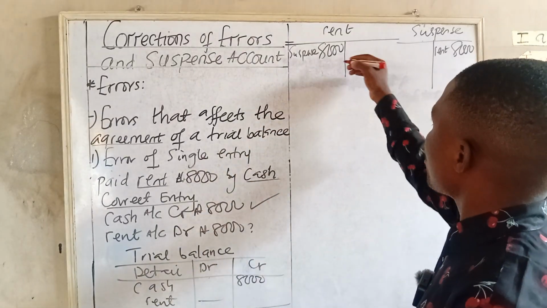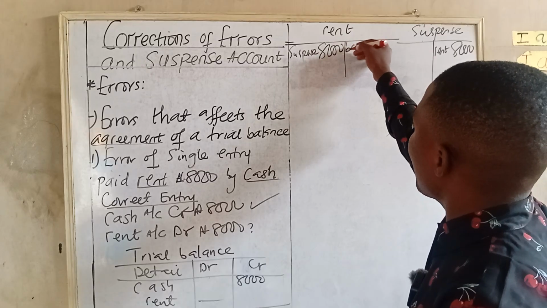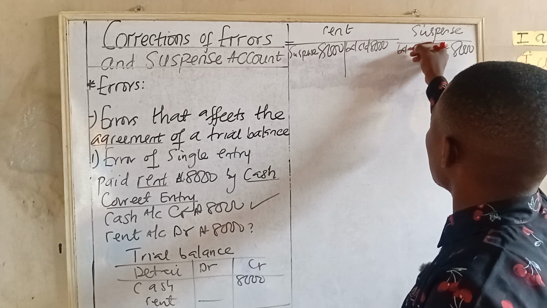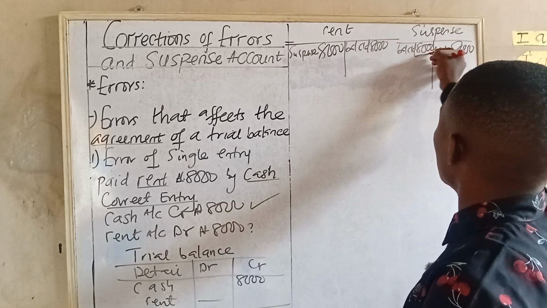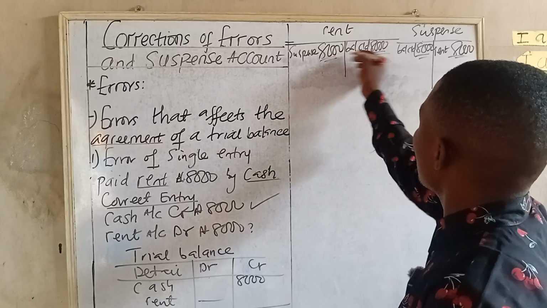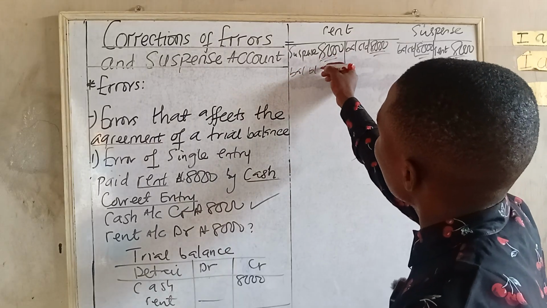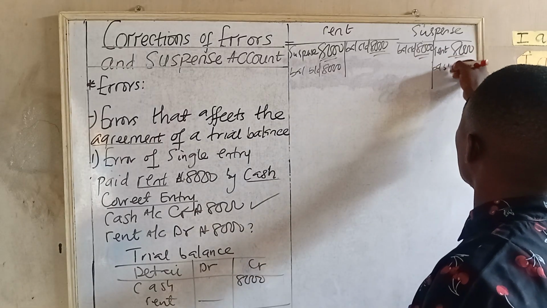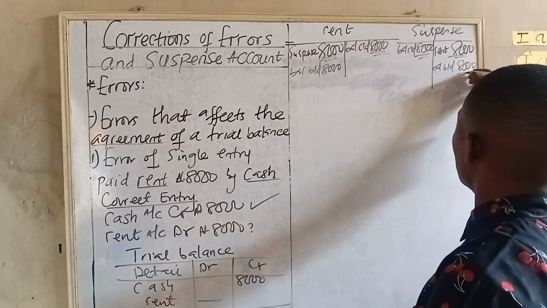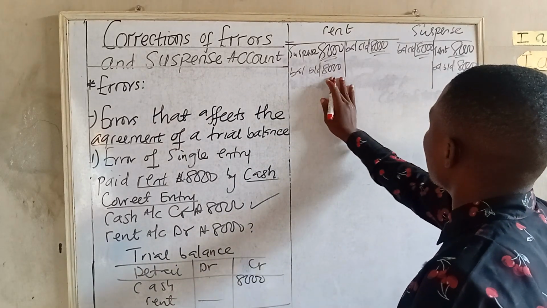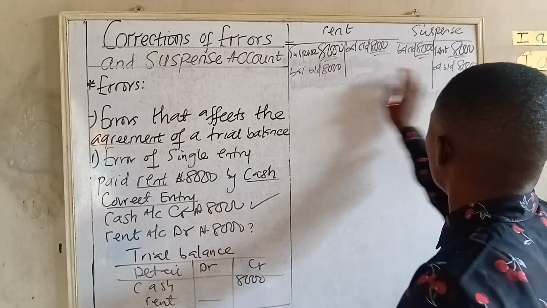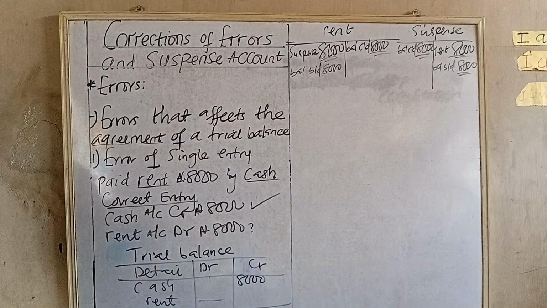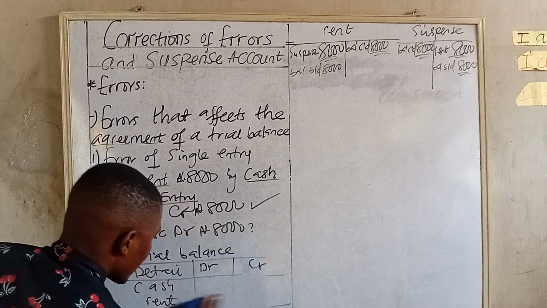So here now, if you close the account, you have balance carried down 8,000. We have balance carried down 8,000. So this account we close. Balance brought down 8,000. So if you are taking this balance to a trial balance, let's use this one again.